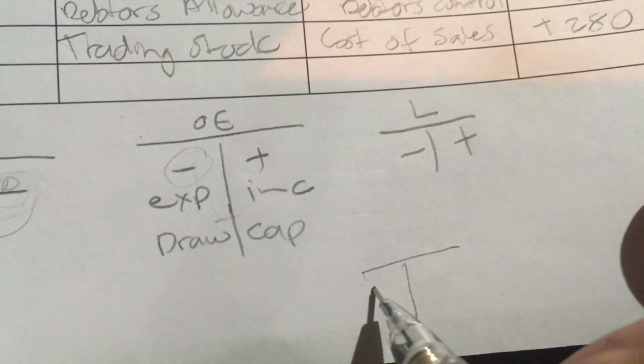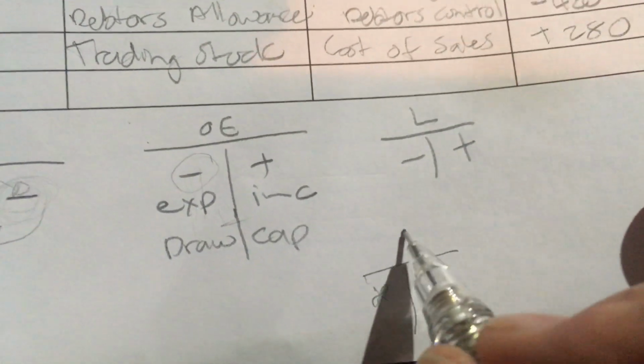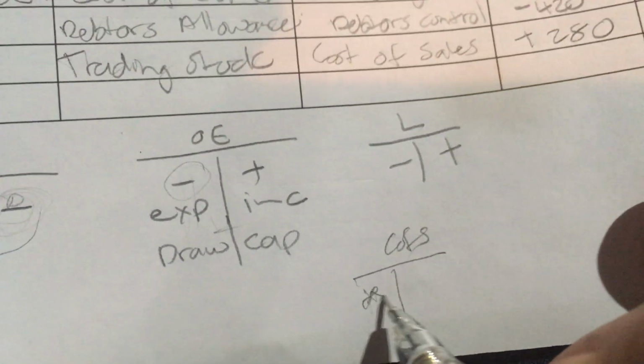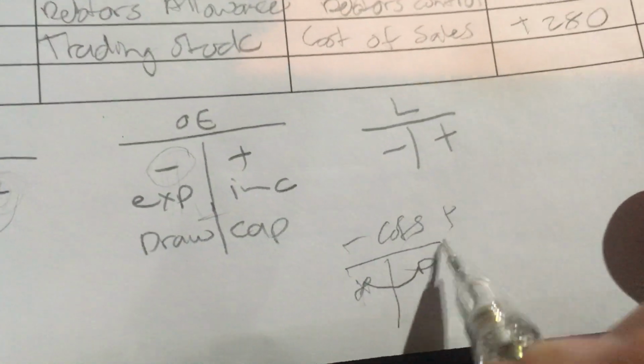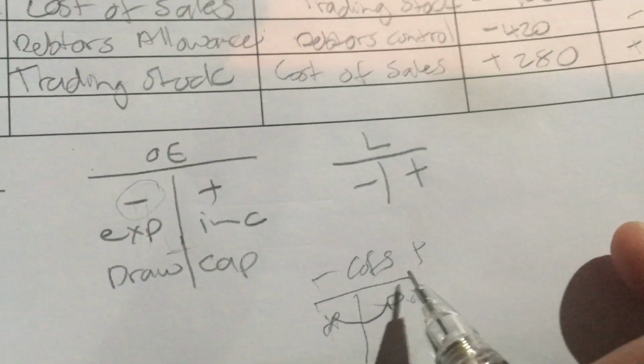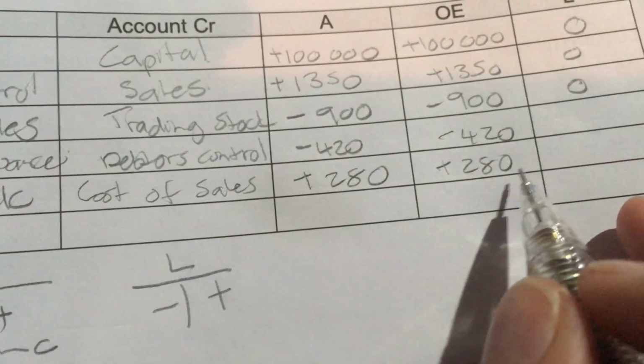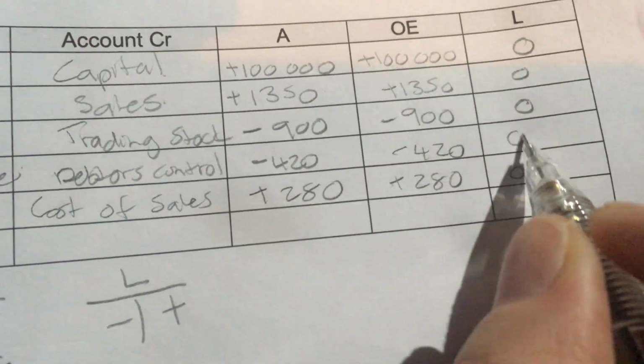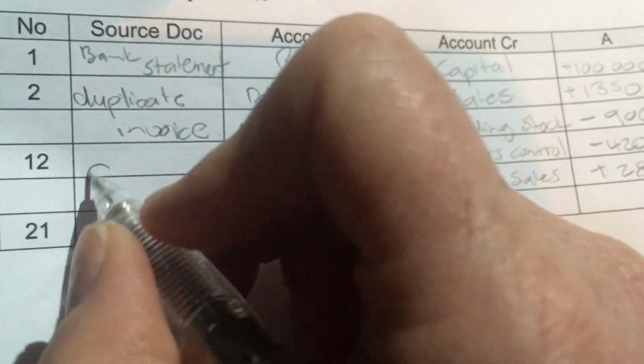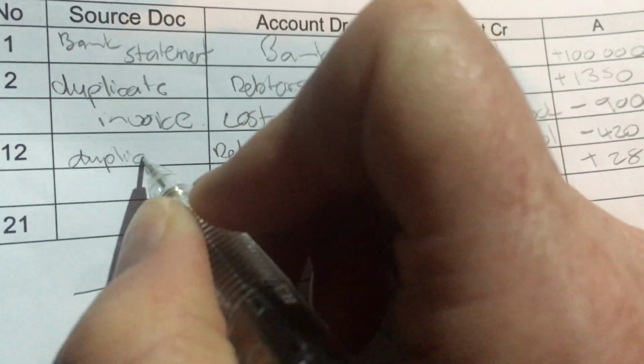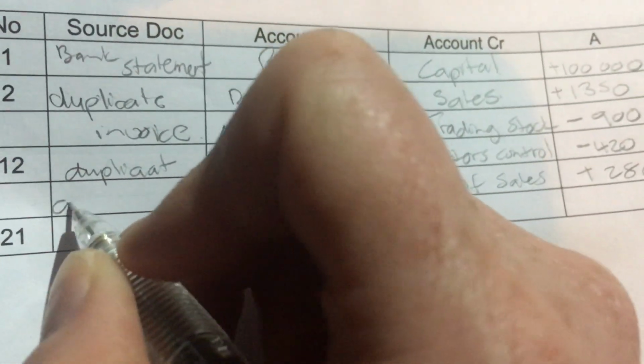Remember when we originally made the sale, I put it on this side in cost of sales. Now I have to take it out of cost of sales, so it's going to land up on the plus side. Hence here it is a plus and a 0. Okay, so it always equals. Here it's going to be a duplicate credit note.